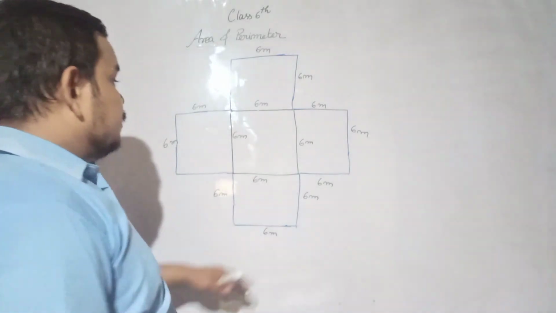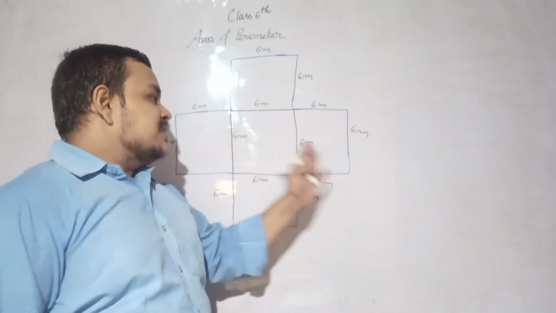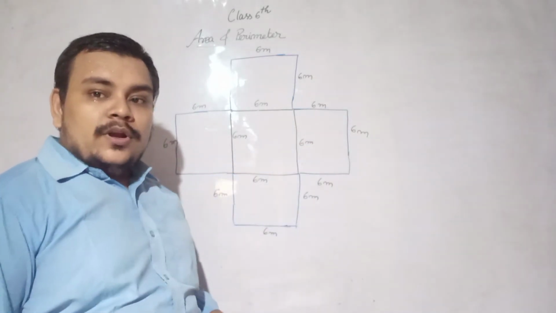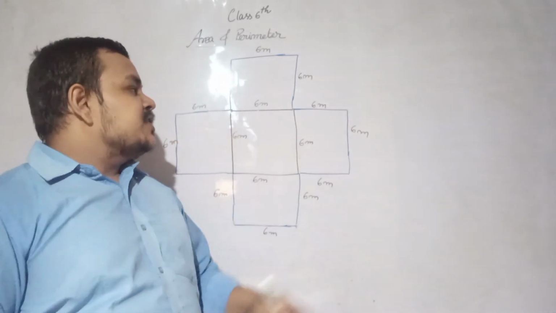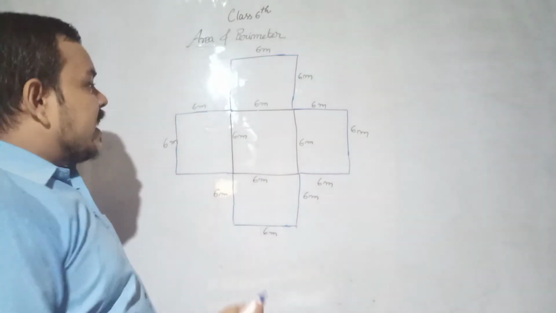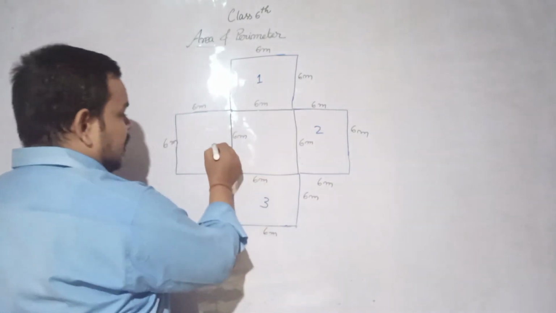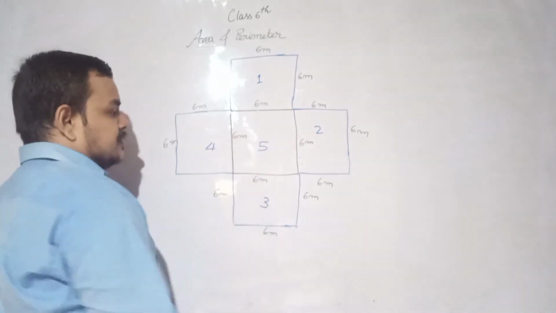Now in this question, in this figure, as you can see, this is a figure whose all sides are equal, in which you can see the different squares: this is the first square, second square, third square, fourth square and fifth square.